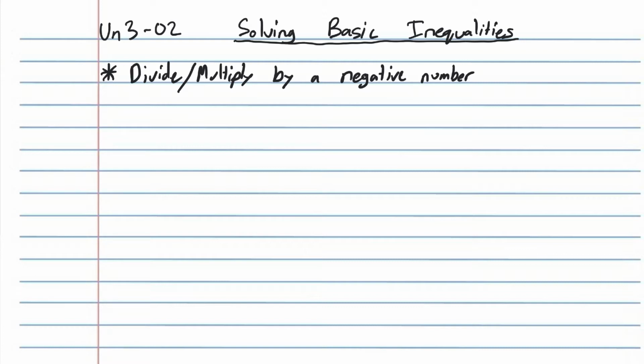So if you divide or multiply by a negative number, you must flip the inequality. I'll show you that in a couple of examples. Other than that, the steps are exactly the same as solving a basic equation. You're still moving things from one side to the other, trying to get the variable by itself.